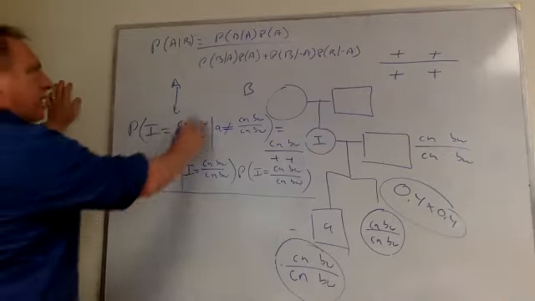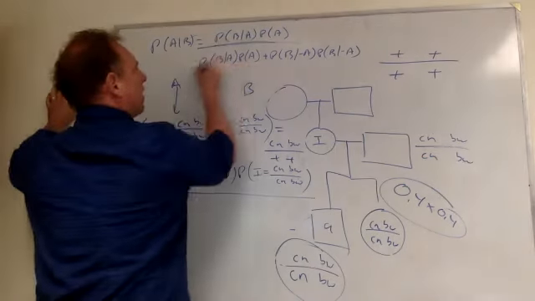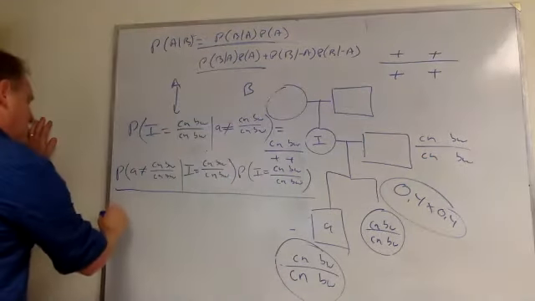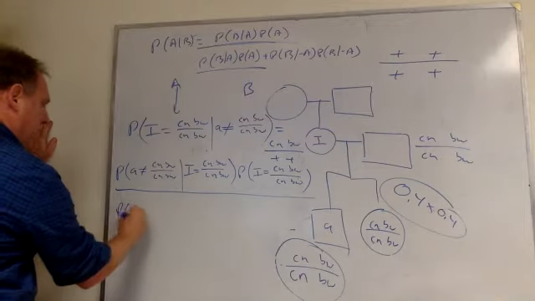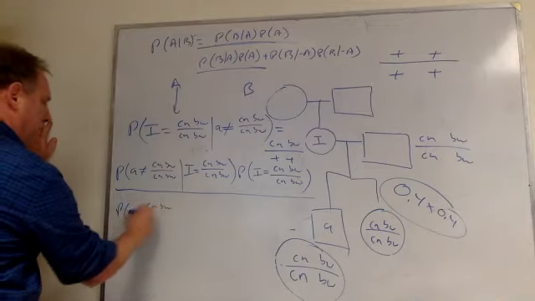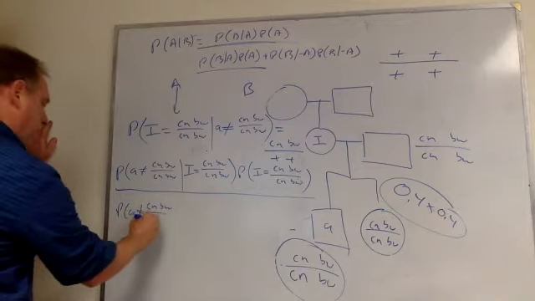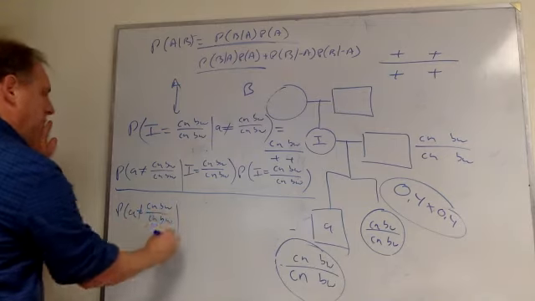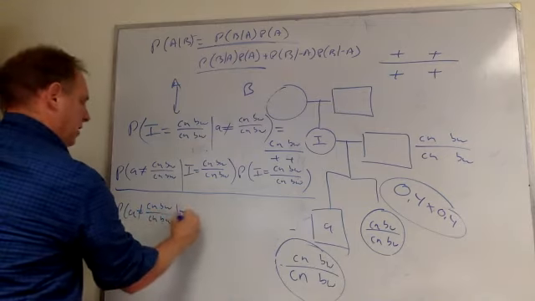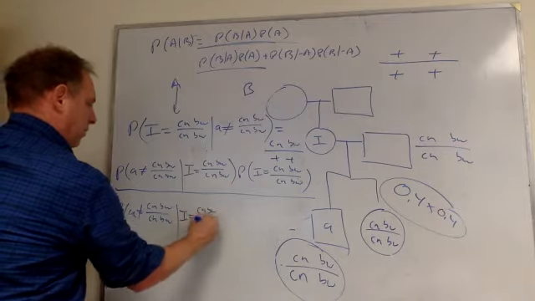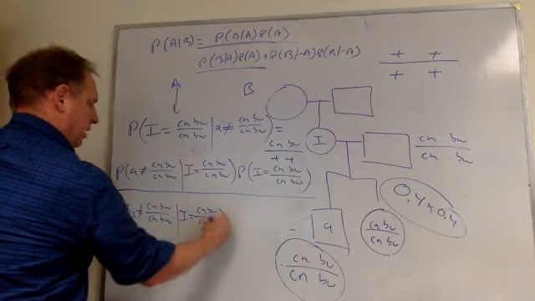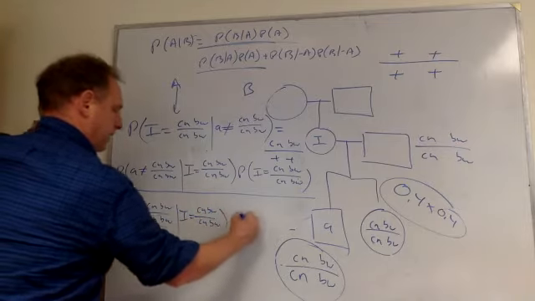Okay, so this whole thing is repeated, right? So this is here and here as well. So we're going to say the probability that we have this outcome A, not being Cinnabar Brown, given I is equal to Cinnabar Brown over Cinnabar Brown, becomes the probability that that in fact is the case.